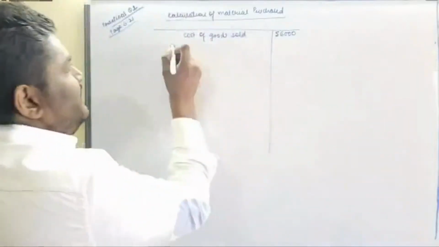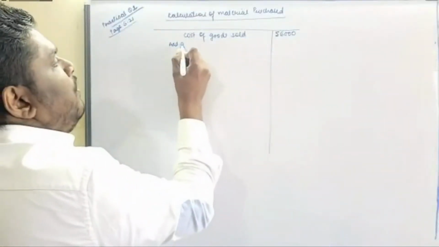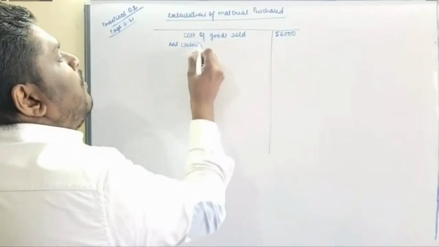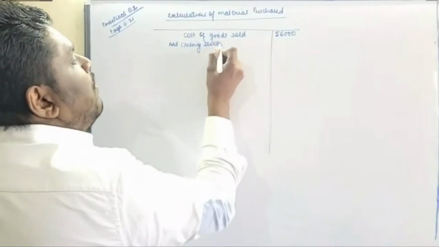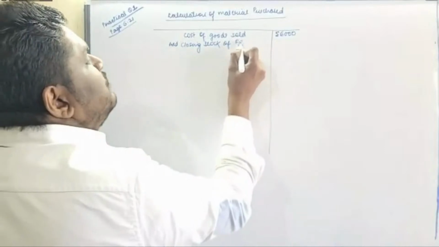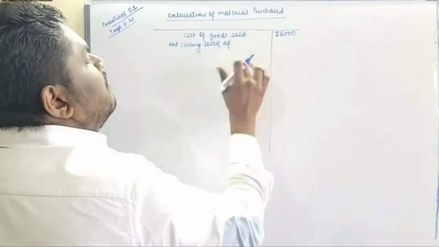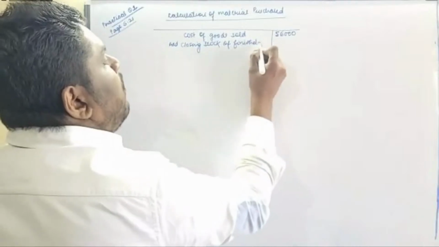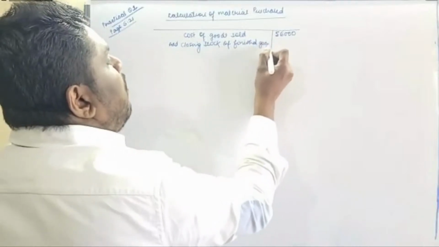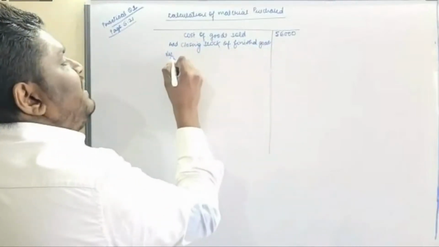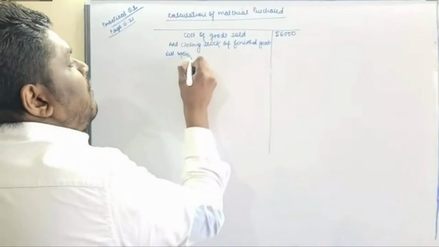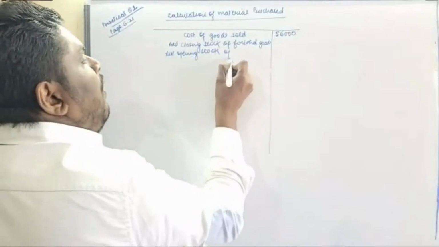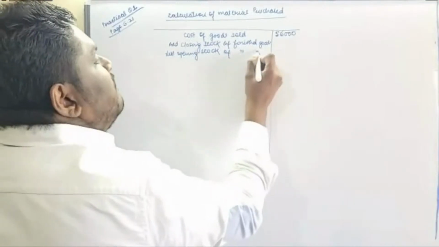So we will do the reverse calculation, that is add closing stock of finished goods and subtract opening stock of finished goods.